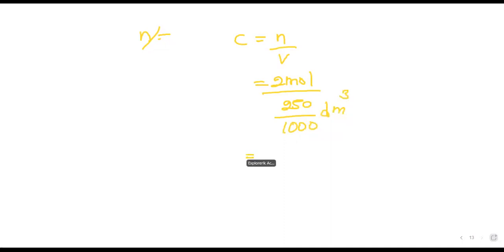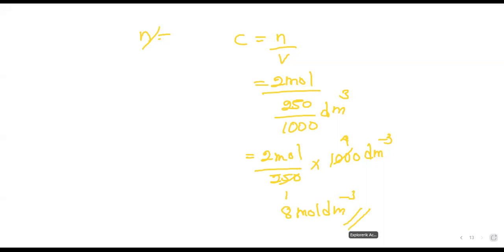So simply you can do 2 moles over 250, take 1000 onto this side, and decimeter cube as a minus. So for 250, 4, 4 into 2 is 8 moles per decimeter cube. This is the answer you should reach. Have you got this answer?